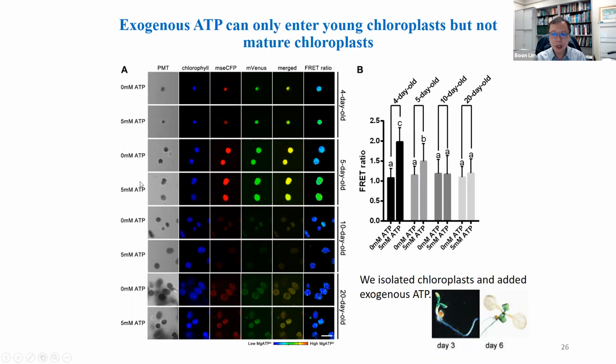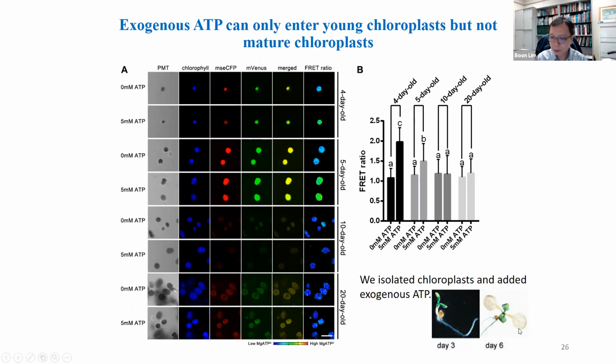So if the chloroplast allow ATP to get into the chloroplast, the sensor ratio will increase. You can see that the ATP actually could get into 4-day-old and 5-day-old chloroplast and increase the FRET ratio. However, exogenous ATP cannot get into 10-day-old or 20-day-old chloroplast.